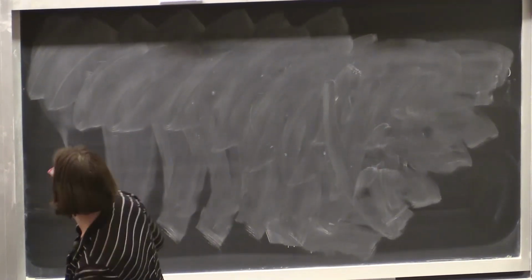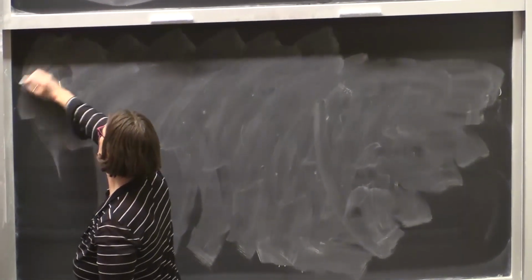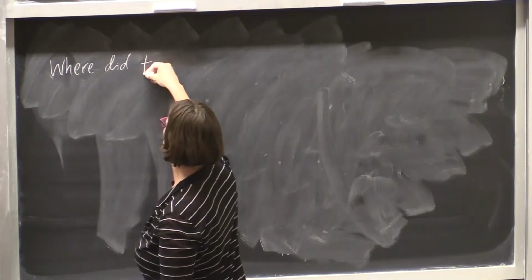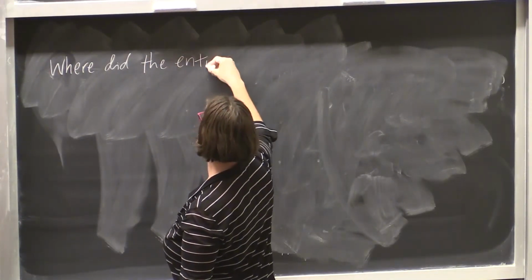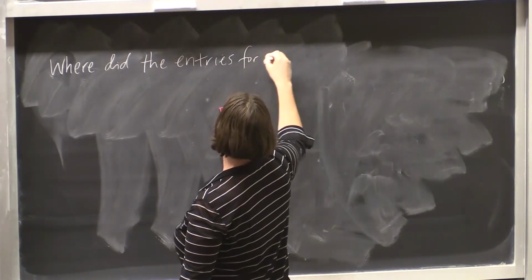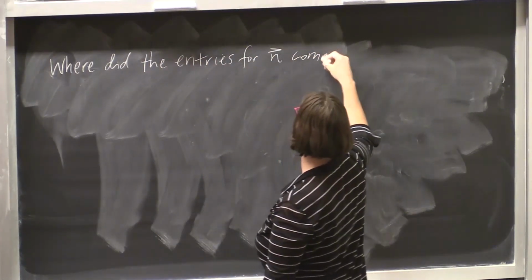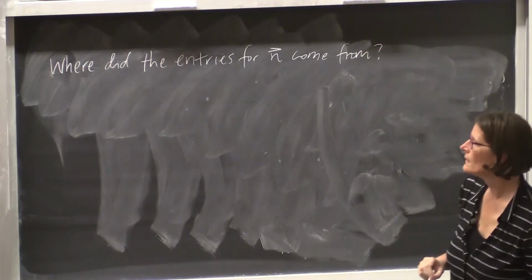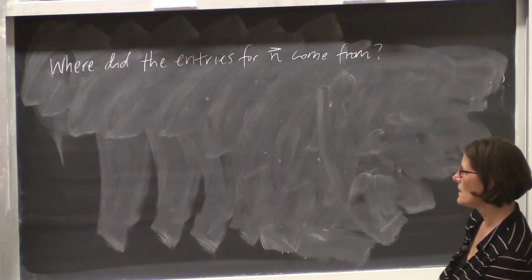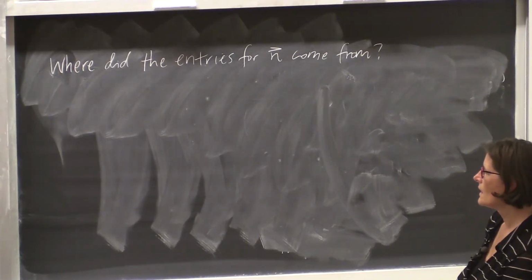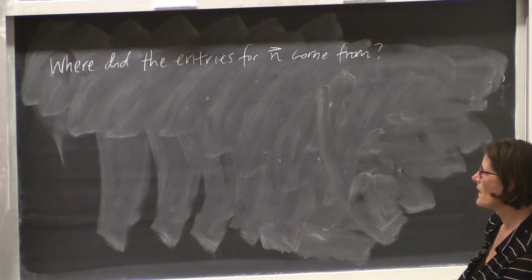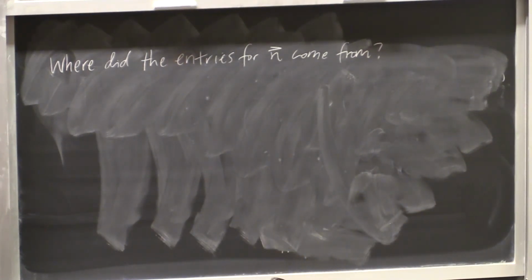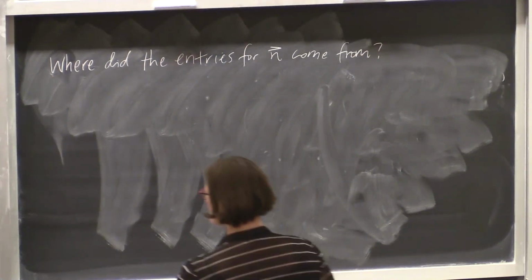Okay, so where did that vector come from? Where did the entries for n come from? Sorry, what? That's n dot p.